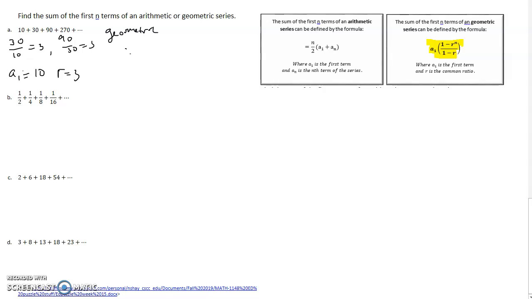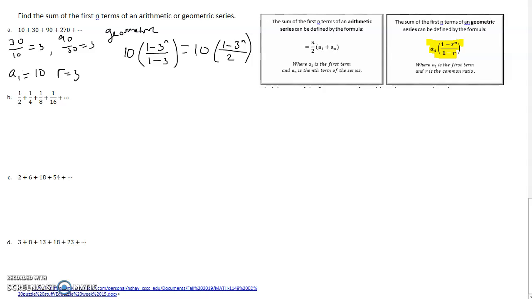So we take the first term, 10, and then it's 1 minus 3 to the n power over 1 minus 3, which gives us 10 times 1 minus 3 to the n over 1 minus 3, which is negative 2, right?